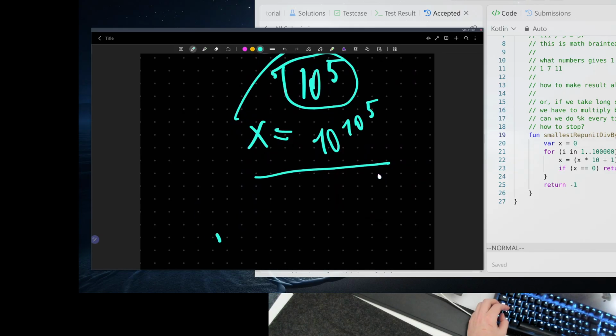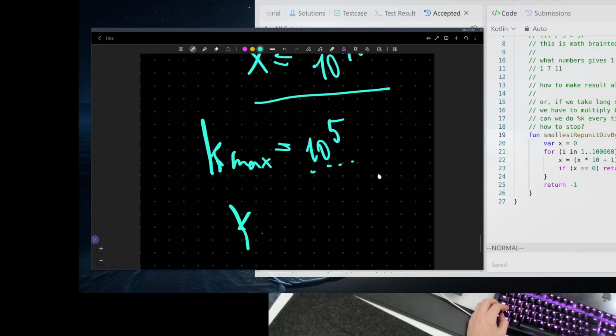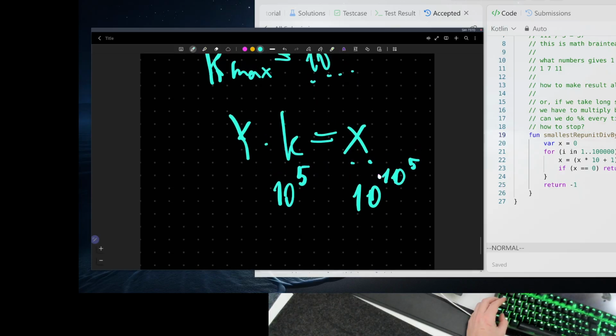The k max is 10 to the power of 5 too, and we have this equation. The x is 10 to the power of 10 to the power of 5, and this is some multiplier. So I don't have a good proof for that.